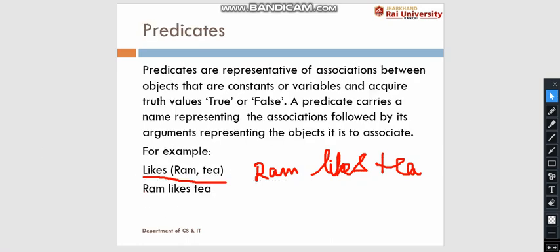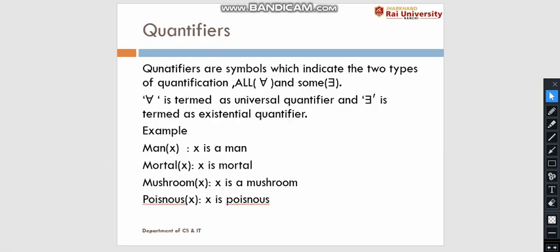Okay, now let's try to learn what we mean by quantifiers. Quantifiers are the symbols which indicate two types of quantification. The first symbol is for all, and the second one is for some.